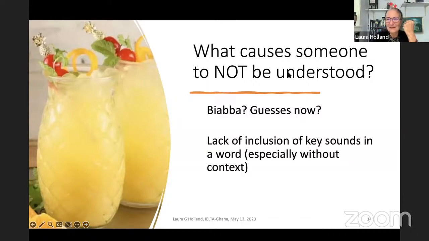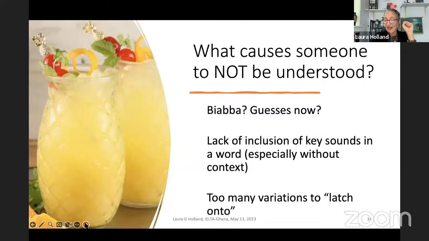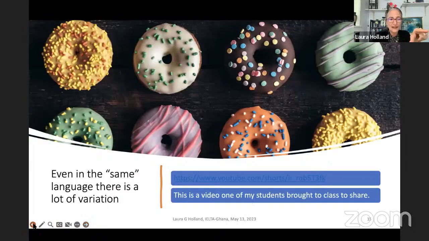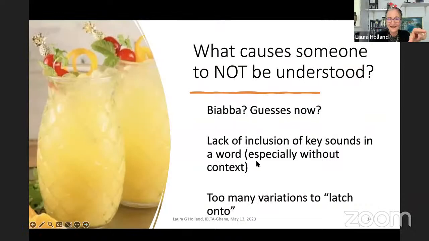Okay, so here, oh wait, one more hint is lack of inclusion of key sounds, especially if you don't have any context. Then there are too many variations to latch onto, right? And so that's what was happening in this example. Oh, I never said it. I don't have it written down.